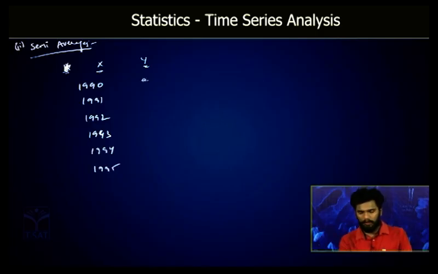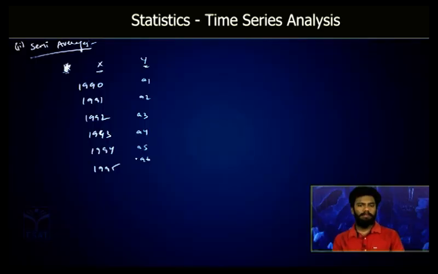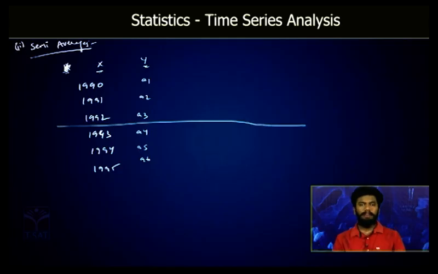Now we have the values A1, A2, A3, A4, A5 and A6 corresponding to those years. In the semi-average method, I will divide my data into two halves. That is, I will make a partition in the middle. That is, 1990, 91, 92 one part, 93, 94, 95 the other part.